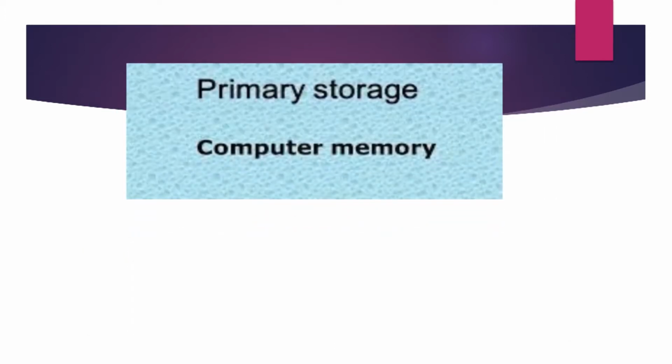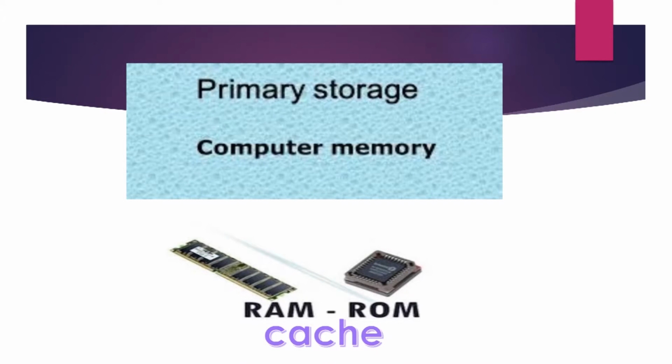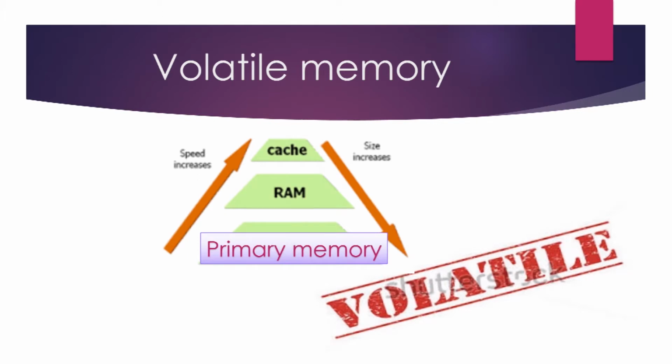Primary memory, also known as the main memory, is the internal memory of a computer. Random access memory, or RAM, and read-only memory, ROM, are both types of primary memory. It provides the main working space to the computer to store its data while performing tasks for users. It is non-addressable by the user.